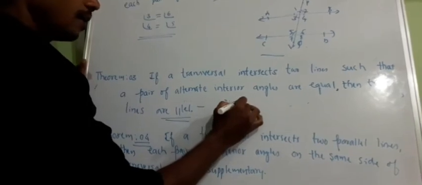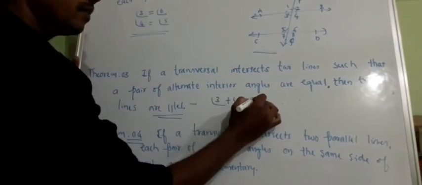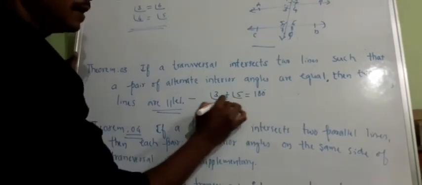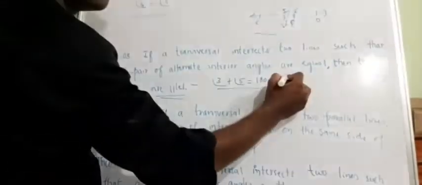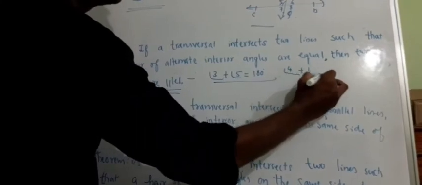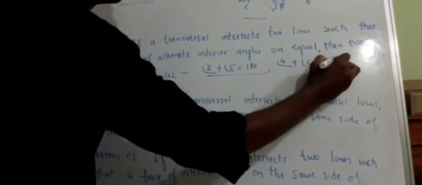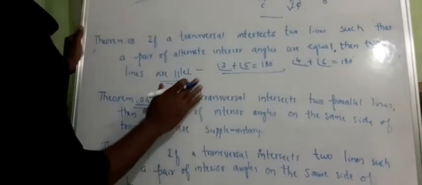What does it mean? Angle 3 plus angle 5 will be equal to 180 degrees. So a supplementary pair: the sum of angles will be equal to 180 degrees, and angle 4 plus angle 6 will be equal to 180 degrees. Okay.